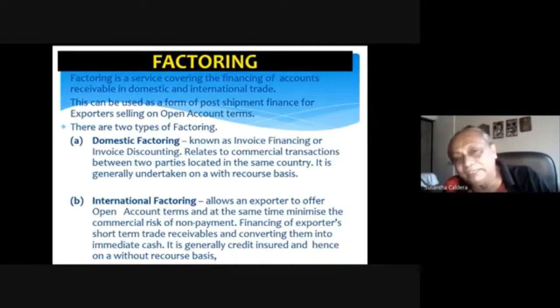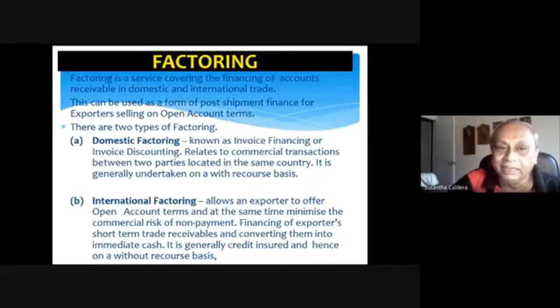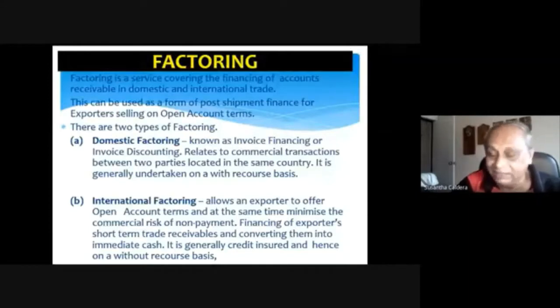But local factoring, domestic factoring, you know the only difference in factoring is same like invoice financing but the sales ledger management will be done by the factor. That's a bank. Sales ledger management will be done by the factor. Right? So that means, but the charges are high.